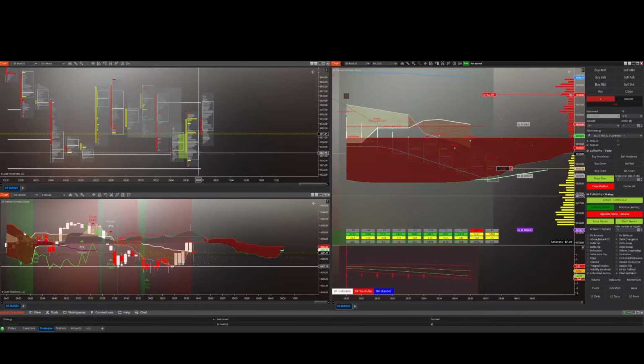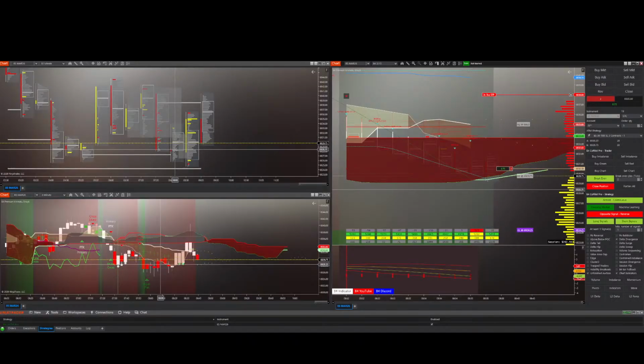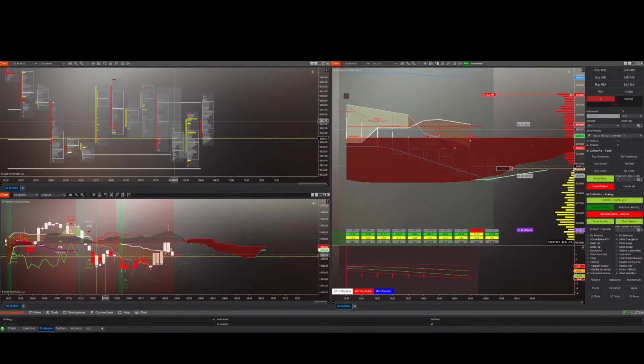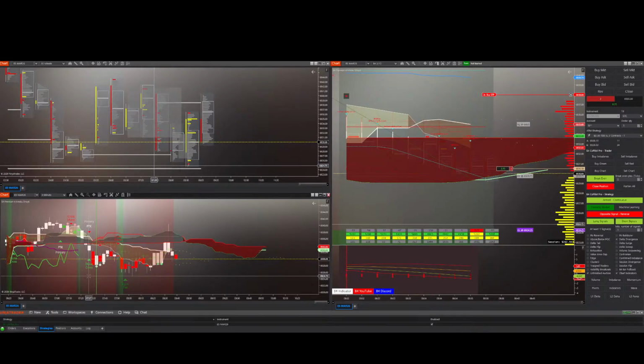If we break it, the next area would be down here, possible support, and that lines up with the high volume nodes there and the value area here. Ichimoku wise, this is a possible chikou trail opportunity to the downside.